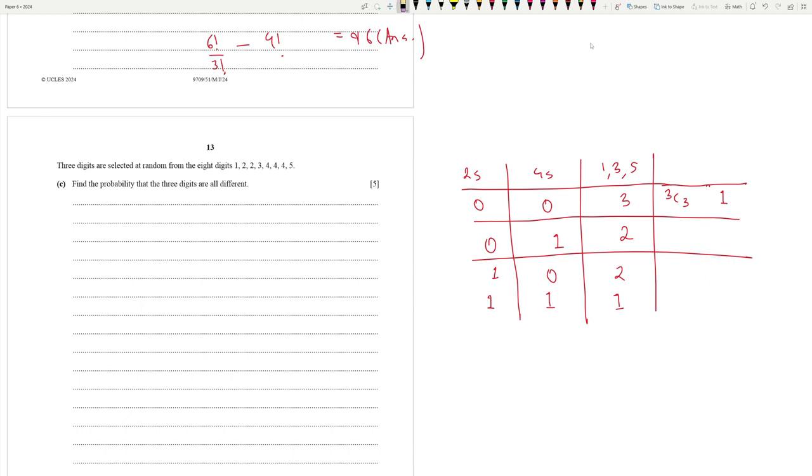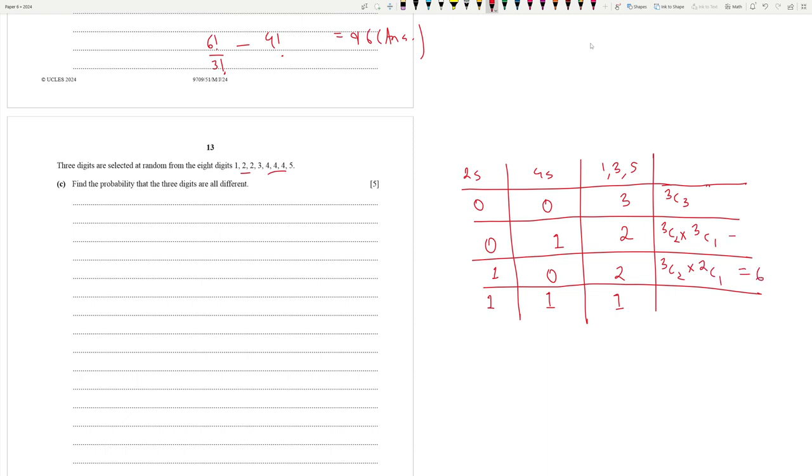So check this. Now the main part comes into play. So this one will be like, out of these 3 I'm picking any 2, 3C2, and out of the 4's, how many 4's do we have? We have 3 4's, so 3C1. Then over here we are picking 2 again, which is 3C2, 2 from 1 3 and 5, and 1 from the 2's. We have 2 2's, that's 2C1.